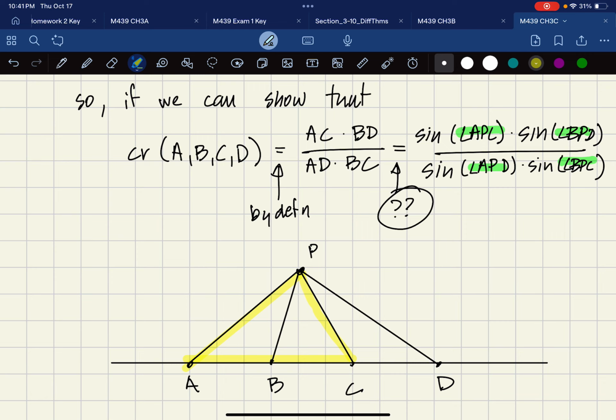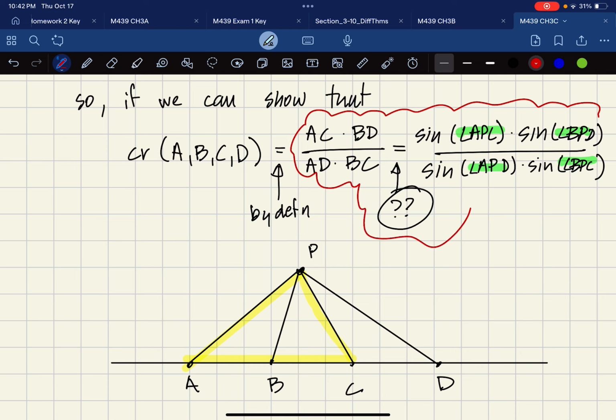Another way would be to use our trigonometric formula for area, which is 1/2 side, side, and the sine of the angle in between them. So think of that and see if you can do that for these 4 different triangles that are implied, and somehow massage out this result. The big result that we're after is this one right here. And if we can get that proved, then the big theorem of the chapter is done.